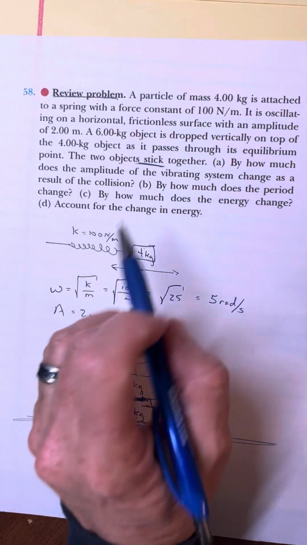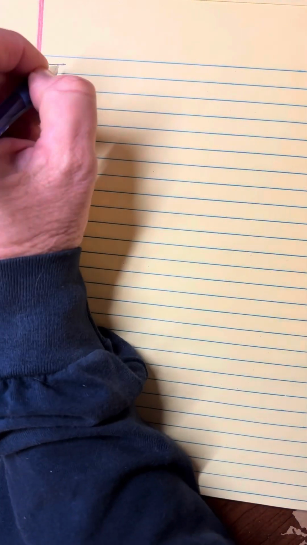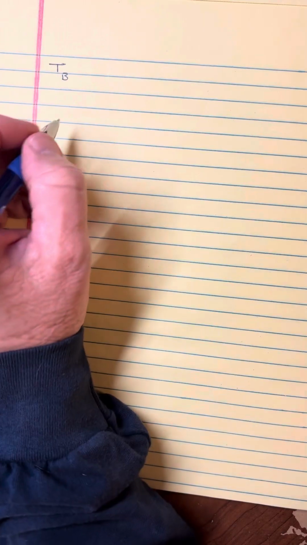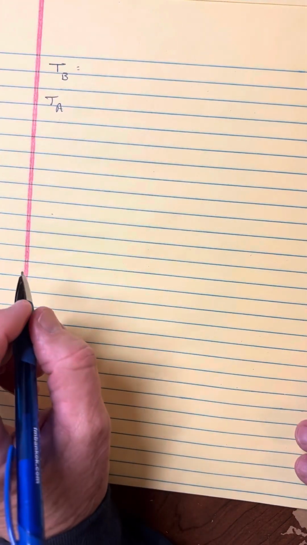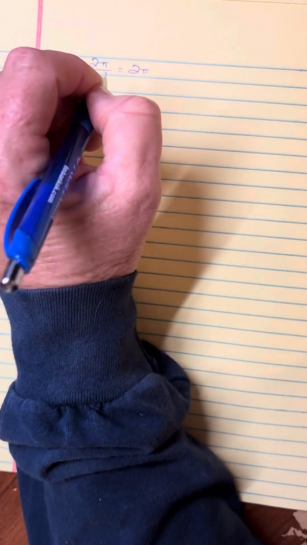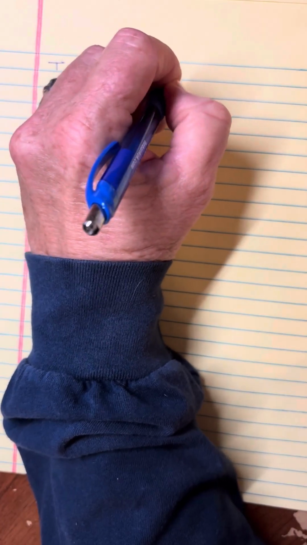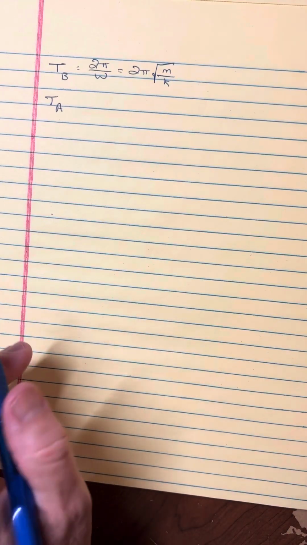All right, well, that was a good one by itself, but there's more to this problem. Let's see. B, by how much does the period change? Okay, so the period before, I'll go B4, and the period after are listed here. So the period before, which would be 2 pi over omega, and omega would be the square root of k over m, and so since it's in the bottom, I'll flip it to the top.